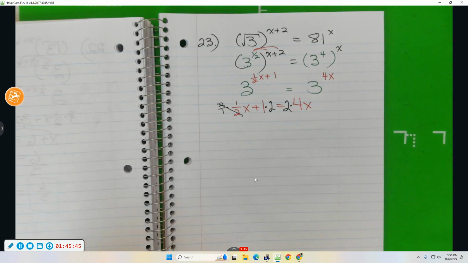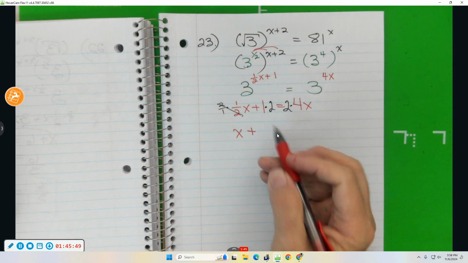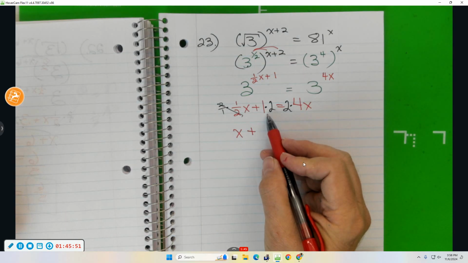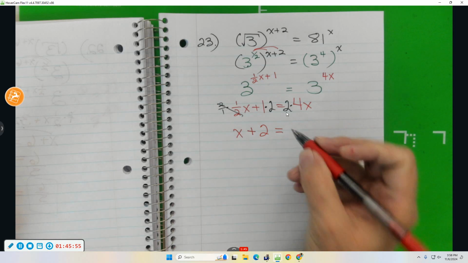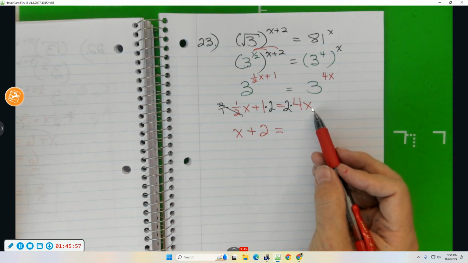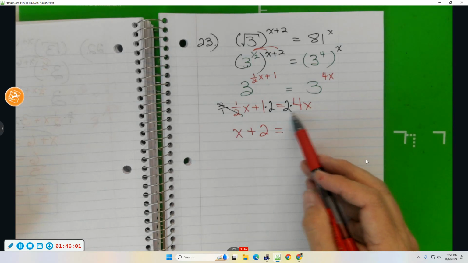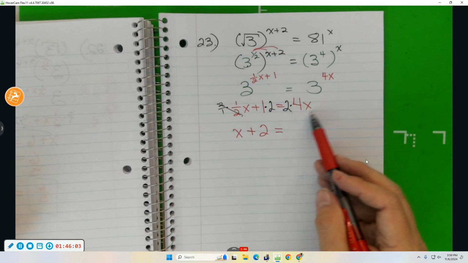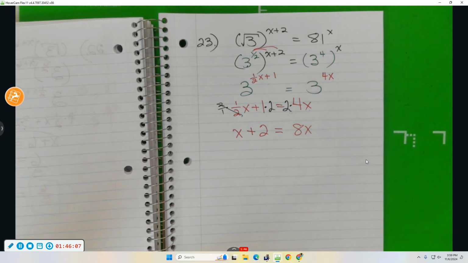The 2's cancel to give me a 1x plus, here, 1 times 2 is 2, equals, here, 2 times 4x gives me 8x. What do y'all think I'll do next?